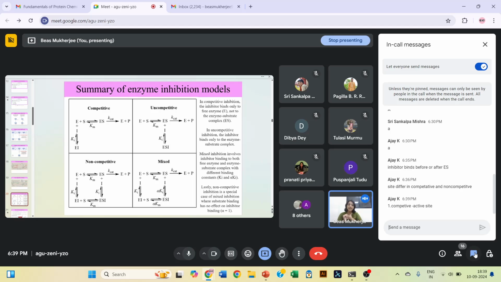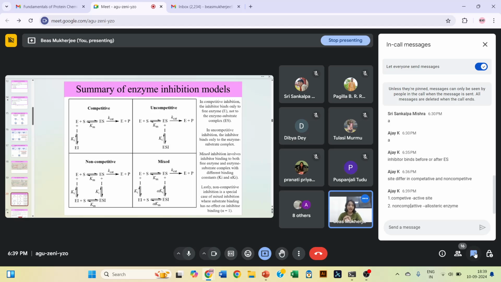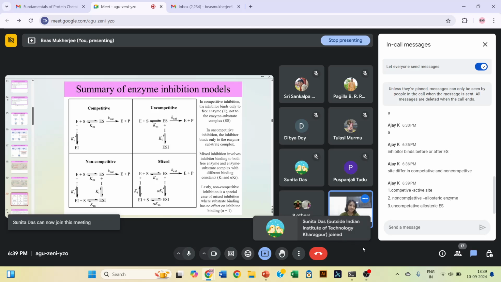We will study this dissociation constant for inhibitors very soon. And non-competitive, allosteric enzyme, it is binding at the allosteric site. Correct. Similarly, uncompetitive also binds at the allosteric site. Very good.